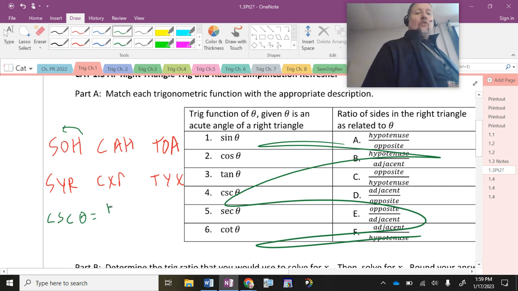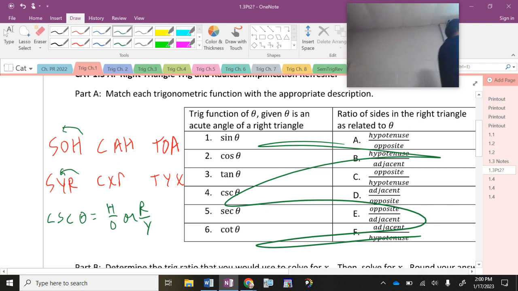H over O, or R over Y, one or the other. And that's how you handle it. So even in cosecant, secant, and cotangent questions, I still write SOHCAHTOA above those, and then deal with what they are.